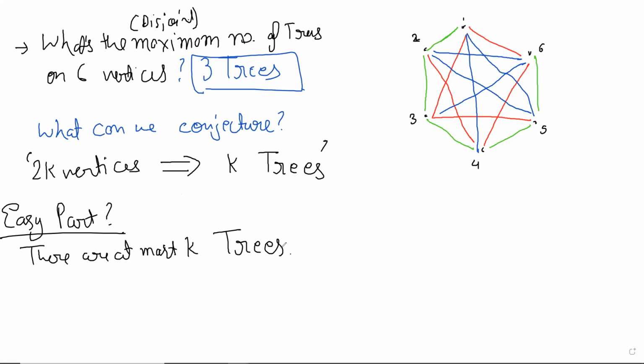This is what will follow from what we already know. K, obviously I mean k disjoint trees. Let me add another adjective which will make it more precise: edge disjoint trees.